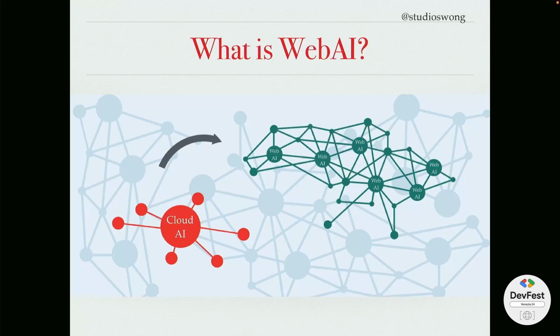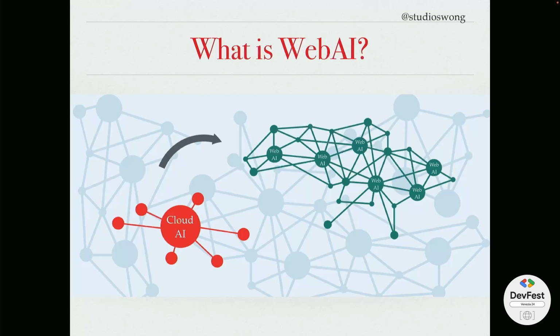So what is WebAI? WebAI is very different from cloud AI. The typical ChatGPT you play with utilizes a lot of cloud technologies, but WebAI is different in the sense that all the operations are done directly within the browser. It removes the constant reliance on cloud infrastructure, allowing AI models to run locally on the user's devices for high-performance in-browser computation.